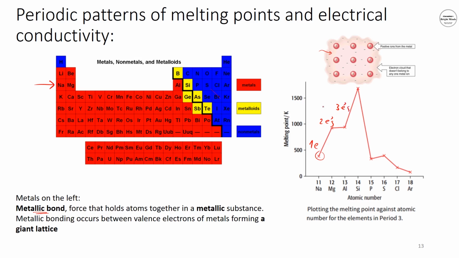So you could see that I'm increasing the valence electrons, and I'm also increasing the metallic bond, because now the sea of electrons surrounding my ions is larger. So this would make the melting points increase, and the electrical conductivity increases as well.